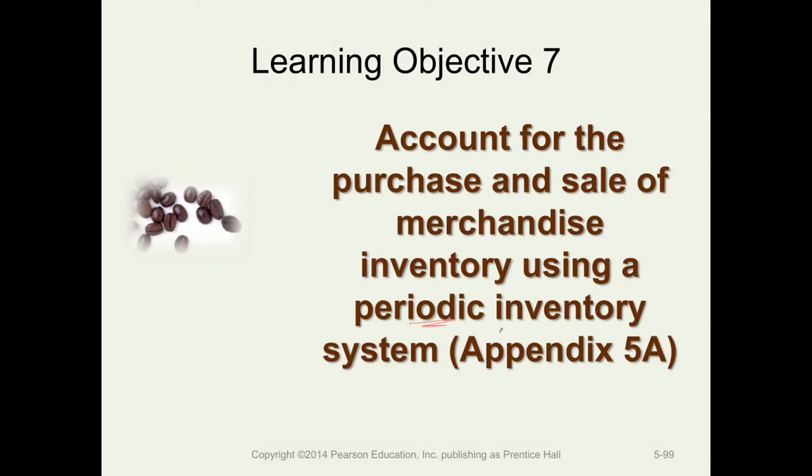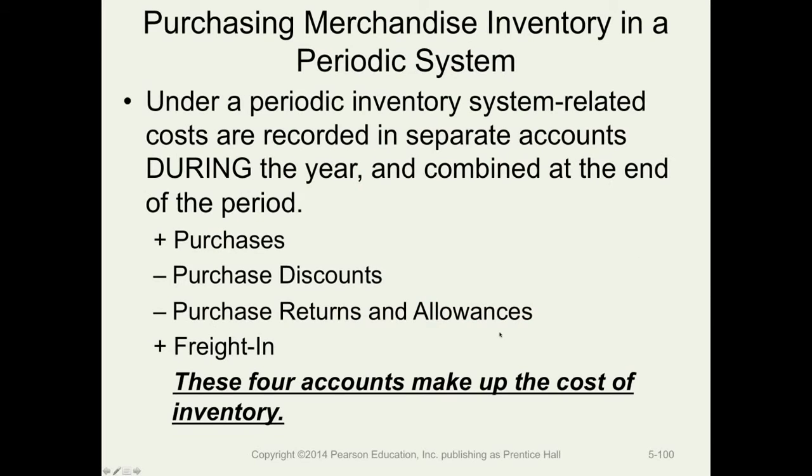So the only way that you would be able to get your ending inventory is to count it at the end of the year, and the only way that you would be able to understand your profit margin, your gross profit, and your cost of goods sold would be at the end of the accounting period.